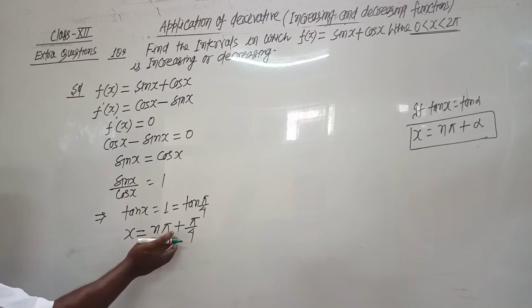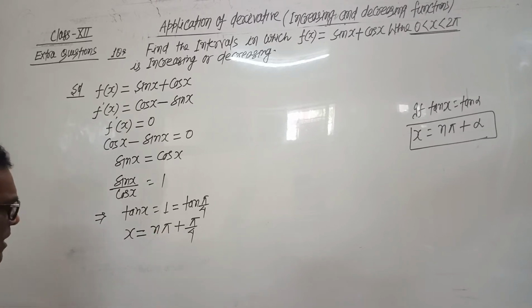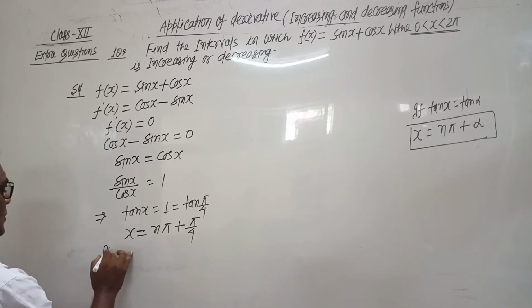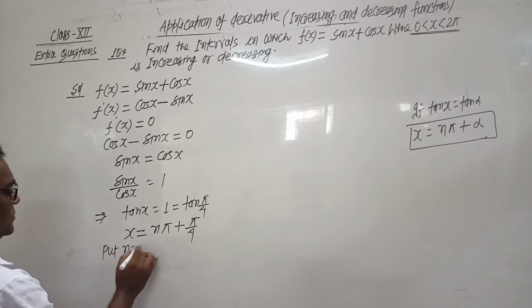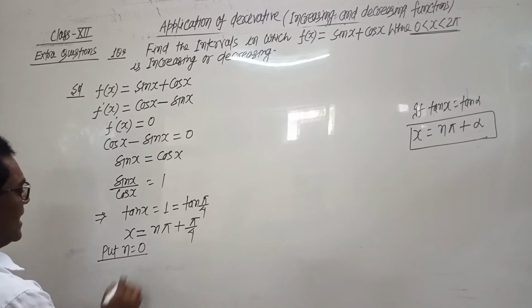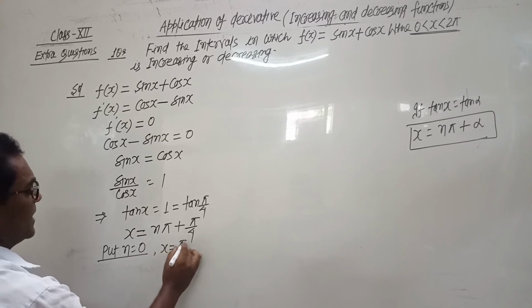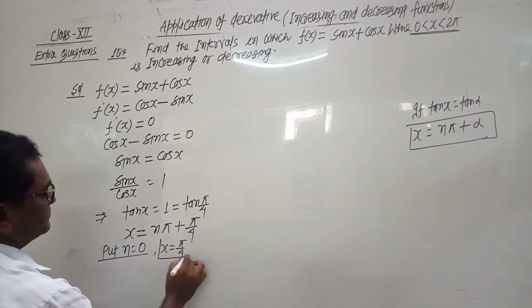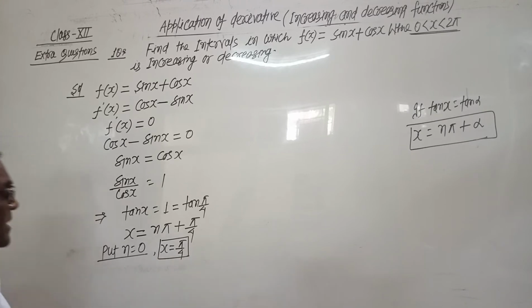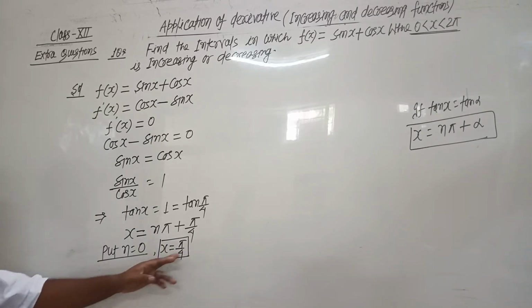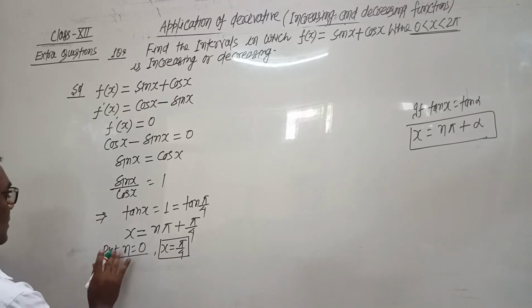So for finding the value in the first quadrant, we put n equals 0. For n equals 0, the value of x comes to be pi by 4.